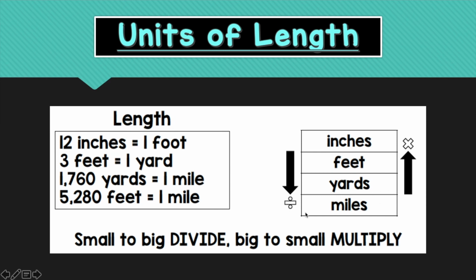I would use the operation of multiplication. So if I were going from feet to inches, I would multiply the number of inches in 1 foot by how many feet that I have. I want you to think and use common sense. Since there's 12 inches in 1 foot, it would be reasonable to have more inches than feet when we're converting from feet to inches.